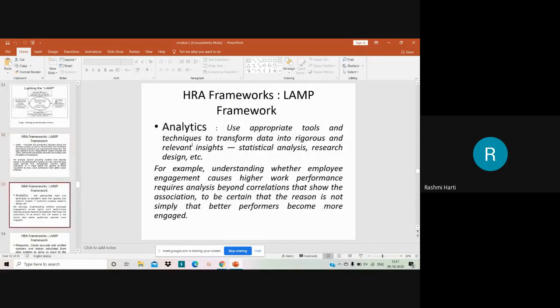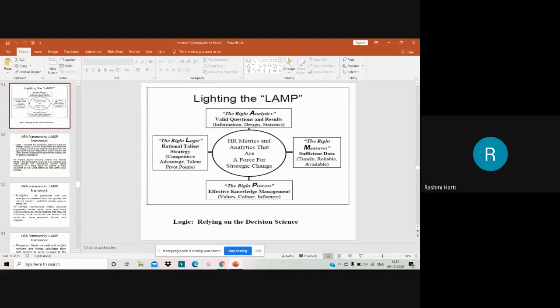Okay, so here the next one is analytics. When we speak about analytics, it is nothing but using appropriate tools and techniques to transform data into rigorous and relevant insights. Now here, when we speak about logic, it is all about collecting the data based on some logic. If you are simply collecting the data without any logic, then it is of no use.